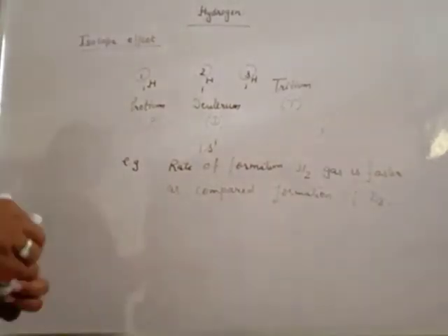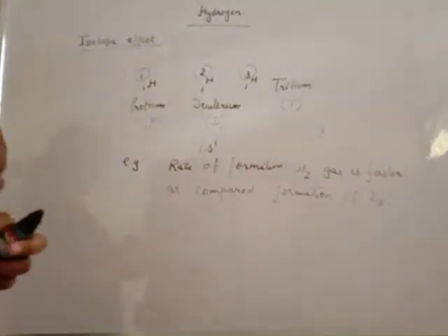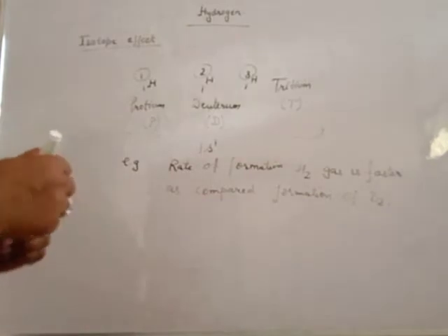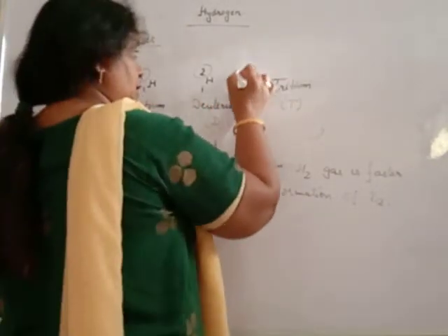Same, electrolysis of water takes place and electrolysis of deuterated water takes place. Beta, protium is radioactive in nature, so it will be ignored.